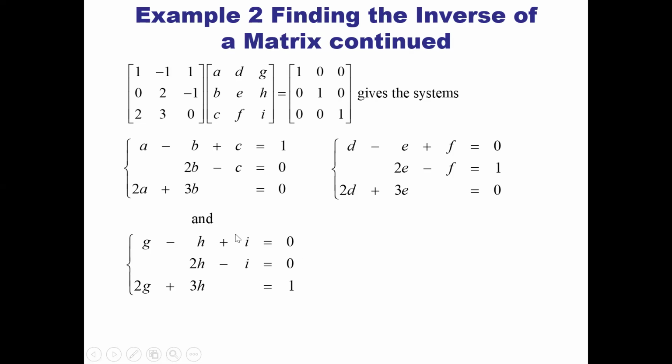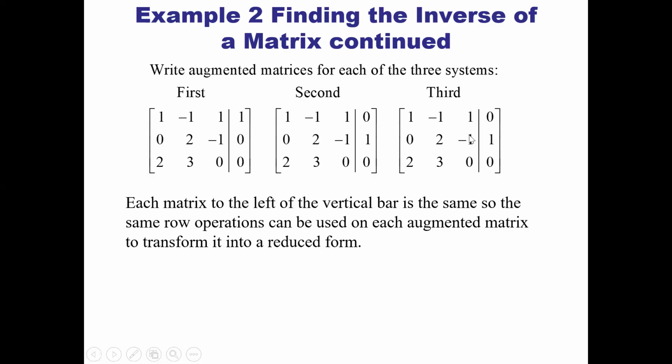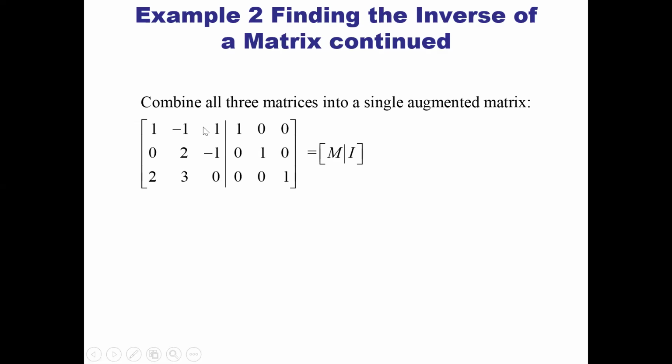If we combine all this together and put it into augmented matrix format, we get M augmented with the identity. What we're going to do is try to make this side over here the identity, and then whatever is over here is going to be M inverse.